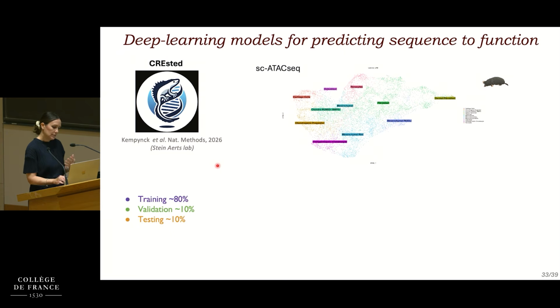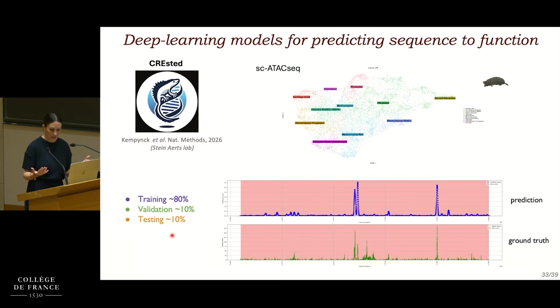The model works by taking 80% of the data for training, 10% for validation, and 10% for testing. And this is how it looks for a specific region and cell type. In green, we see the real accessible peaks, and on top in blue, we see the prediction.